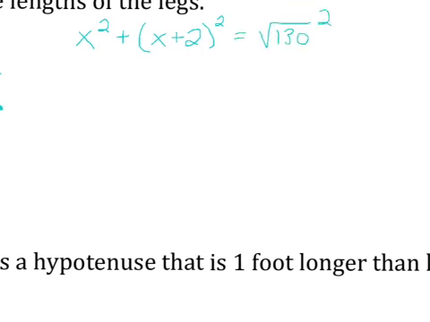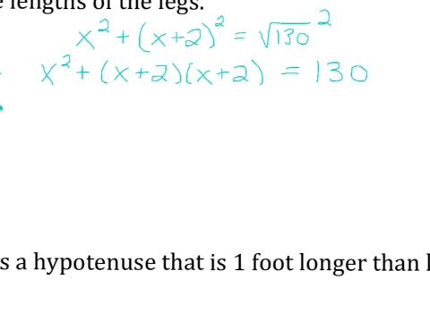But I need to remember to still square it, because the square root of 130 equals c, and then I want to square it. So we're going to get x squared, and then for x plus 2, remember we need to write it twice in FOIL. And then the square root of 130 squared is just a regular 130, since squares cancel out square roots.